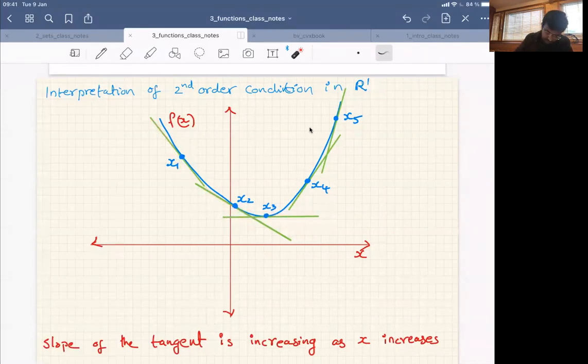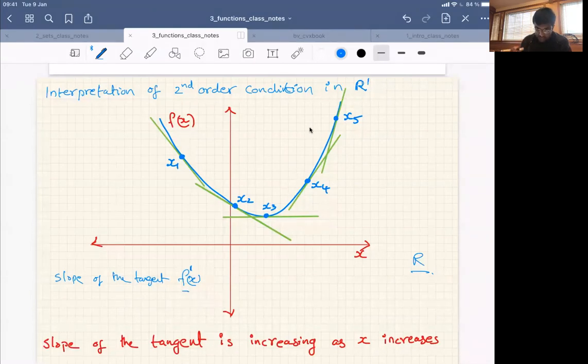It will be the derivative of f of x, right? I'm just considering an example in R. Now in the second order condition, f double dash x should be greater than or equal to 0.